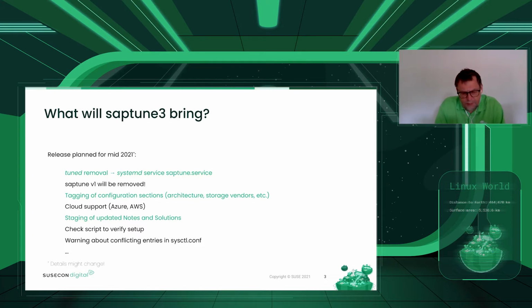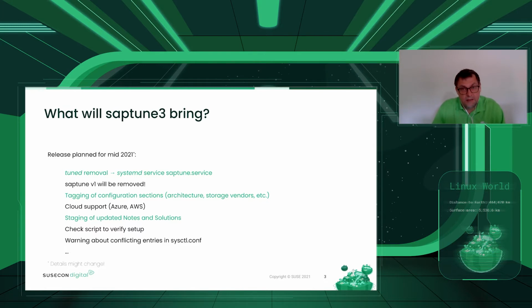With Saptune 3, we will ship a little script called saptune check, which will verify the setup, tell you if something is wrong, and give you tips and hints on how to rectify the problem. So we hope you do not run into the need of opening service requests for that.